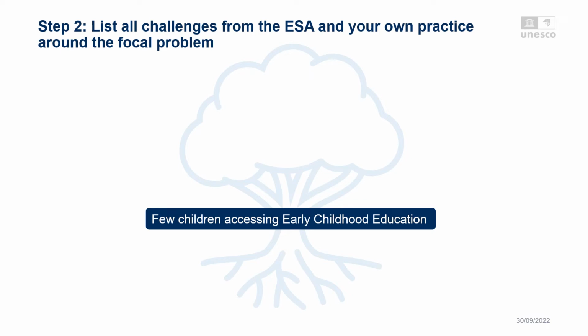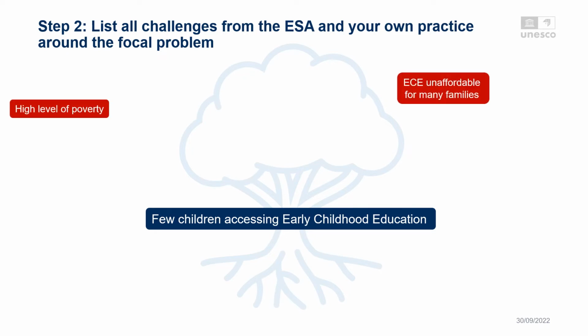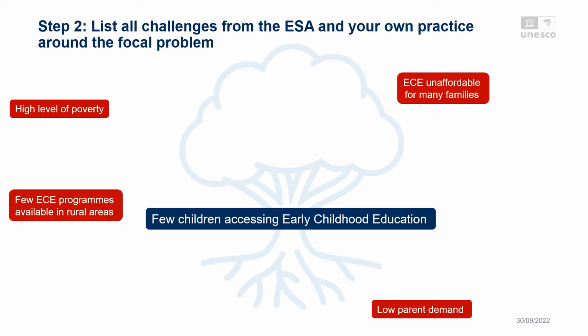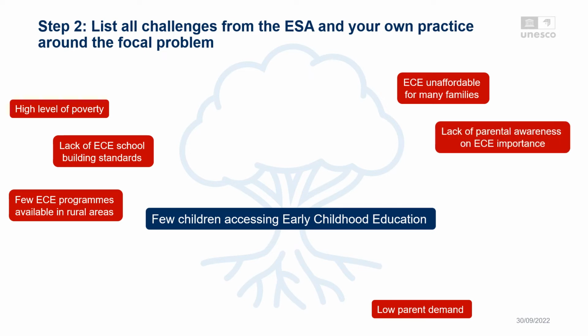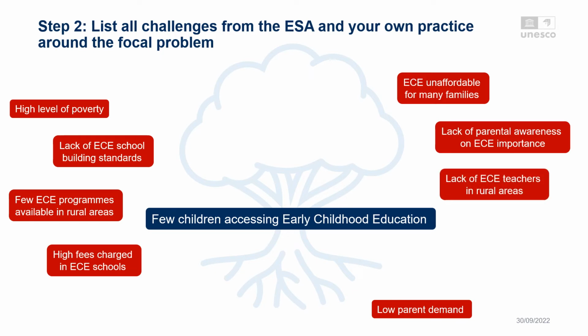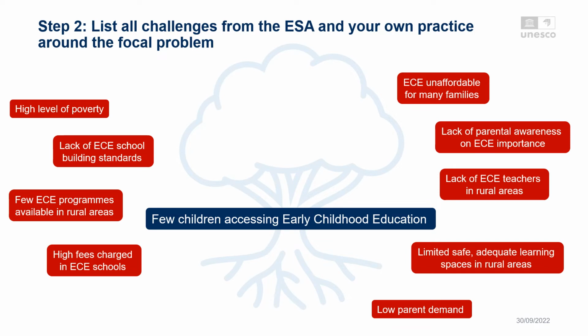Following our example, the data showed many related challenges to low ECE access, including the high level of poverty, that ECE is unaffordable for many families, that there is low parent demand, few ECE programs are available in rural areas, there are no standards for building ECE schools, there is a lack of parental awareness on the importance of ECE, high fees are charged in ECE schools, there is a lack of ECE teachers in rural areas, and there are limited safe, adequate learning spaces in rural areas.